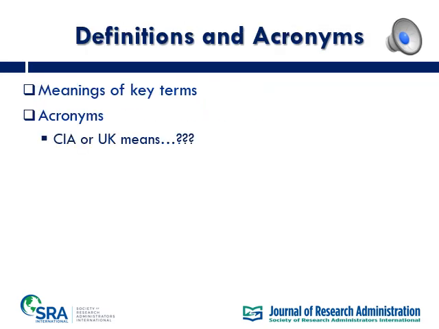Sometimes you may need to define clearly the key concepts involved. In a very technical or methods-intensive area, this is particularly important. Now, acronyms. As a non-American, I often struggle with acronyms that are familiar to most Americans.